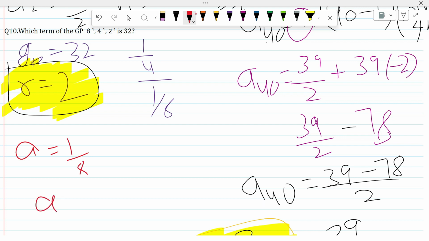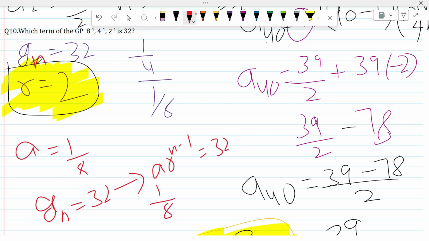Let me find GN, which is equal to 32. Now I will put some values. A R power n minus 1 equal to 32, and this is 1 upon 8, and this is 2 power n minus 1, right?